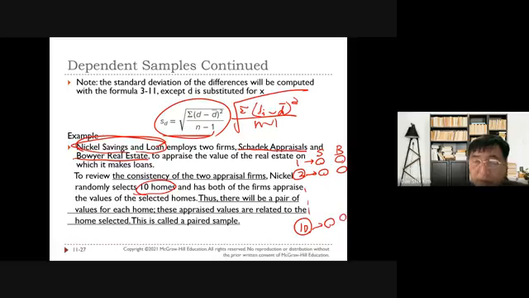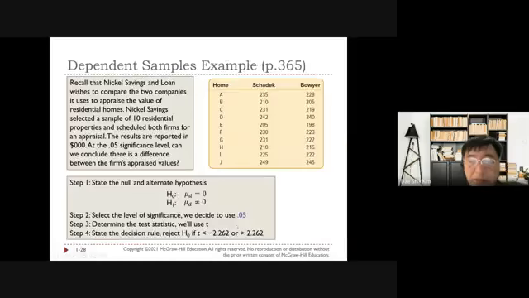Shedek and Boyer may give different numbers. So we want to know whether any difference exists between these values. These should be dependent on each other, so we need to subtract to calculate D1, D2 up to D10.